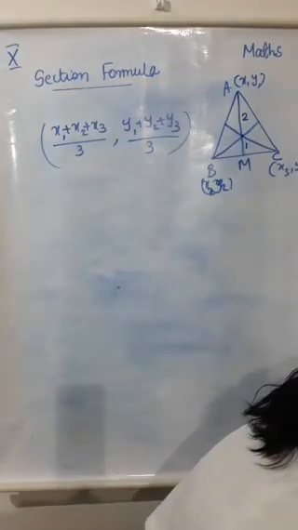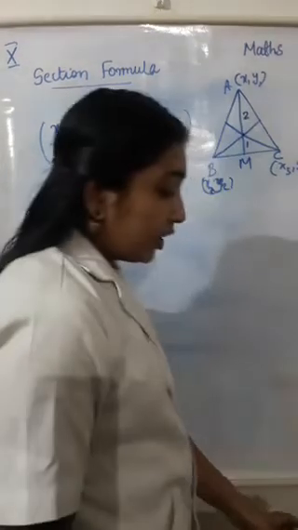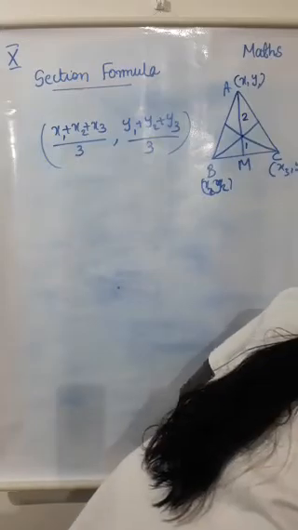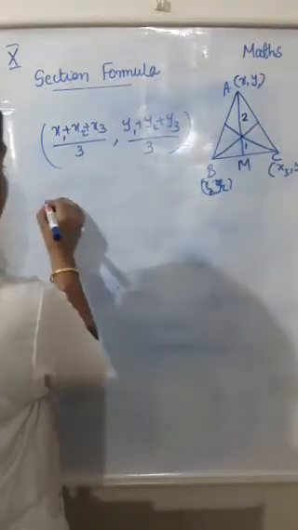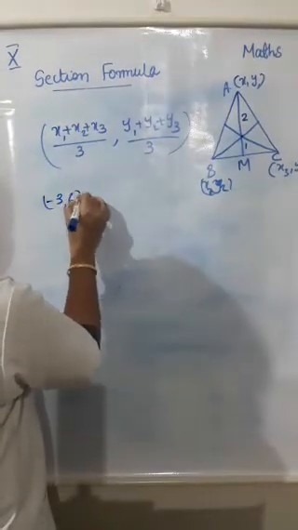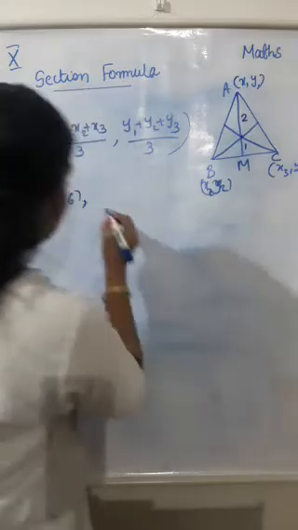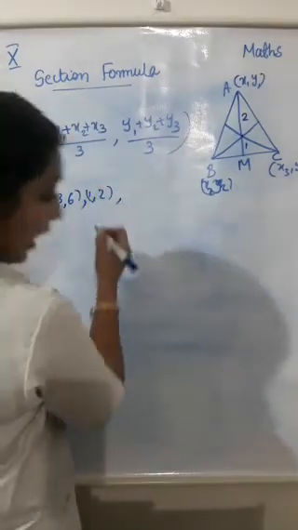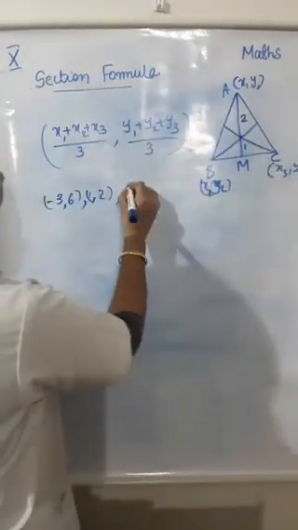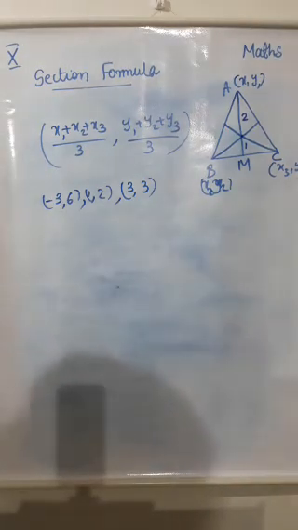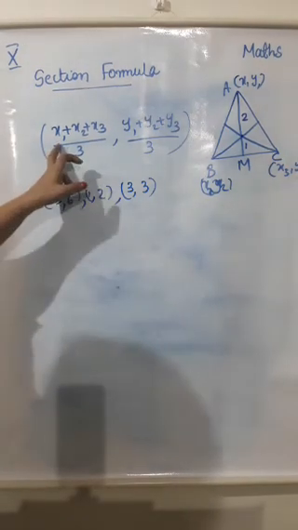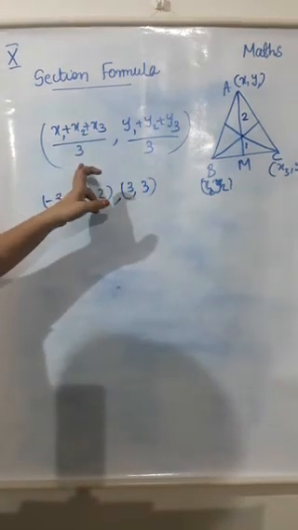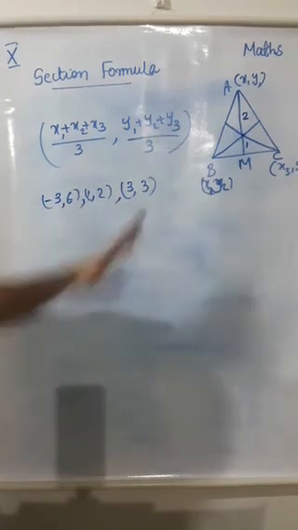Okay. Then one problem. Find the centroid of the triangle whose vertices are the points -3, 6, 1, 2 and 3, 3. How can we find the centroid of the triangle? x1 plus x2 plus x3 by 3, y1 plus y2 plus y3 by 3.